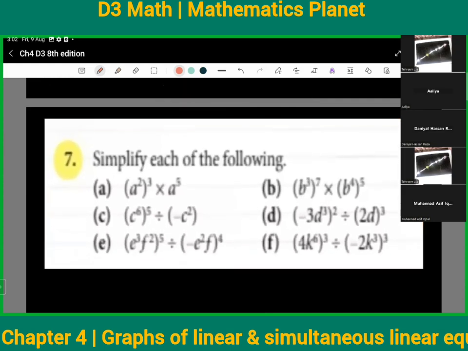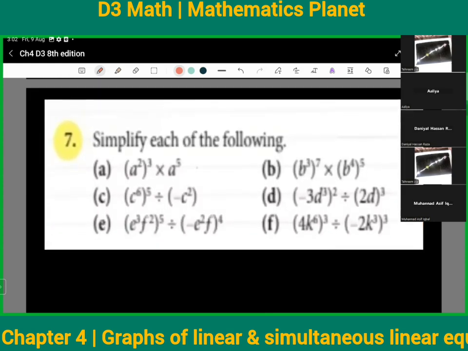Okay, question number 7. Yes, Mohanna. Yes, teacher. The first one will be 8 to the power of 6 and 8 to the power of 5 equals 8 to the power of 11.